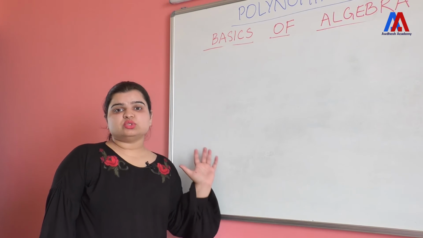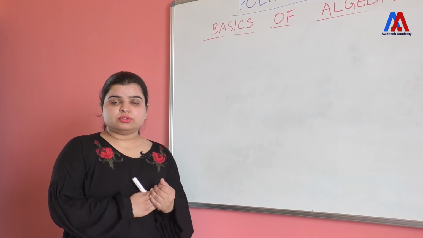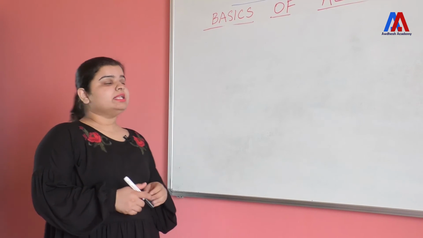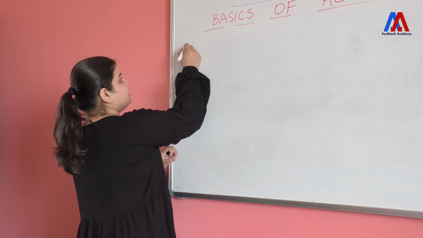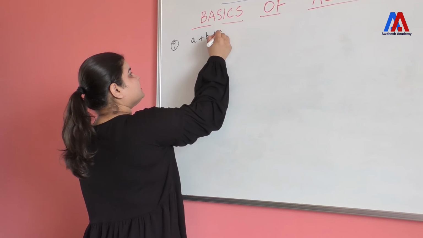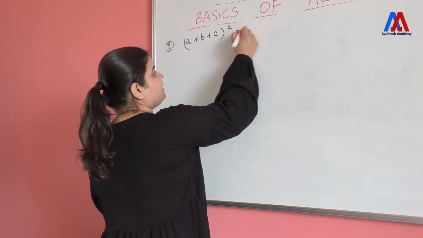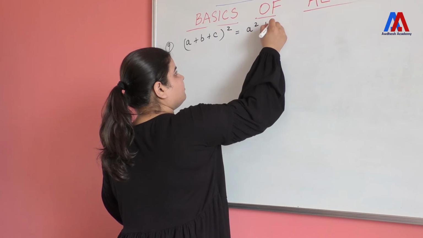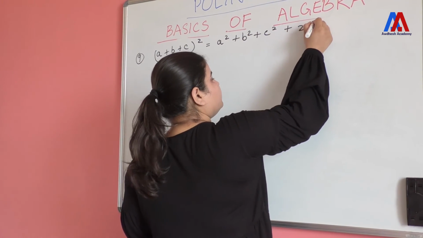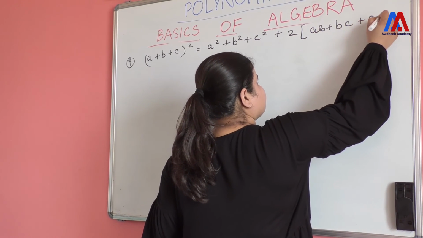The derivations which we are doing right now are not that important from your exam's point of view. The usage and the identities are very important to you. The next very important identity is for a plus b plus c the whole square. Now this would be a square plus b square plus c square plus 2 into ab plus bc plus ca.